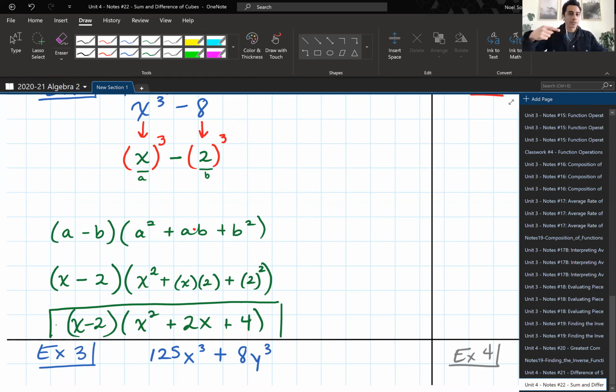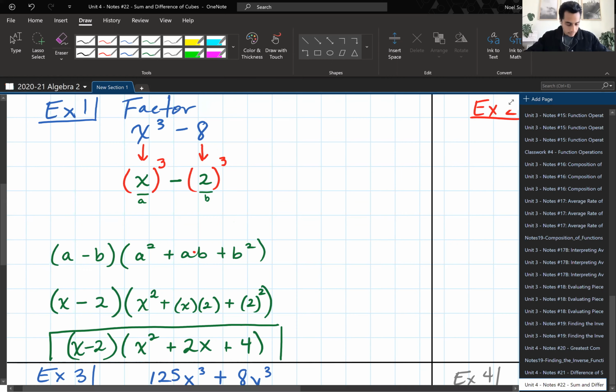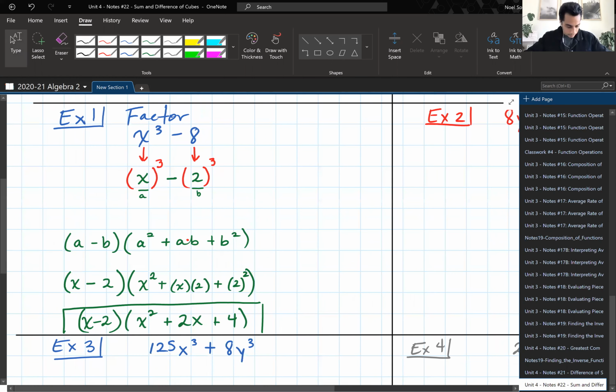So you have to think in reverse at the beginning, because then you're going to use that small number for b, and then that variable for a most of the time, and then just plug it into the formula that you already have. All right. Does that make sense so far? All right. So there's example 1.